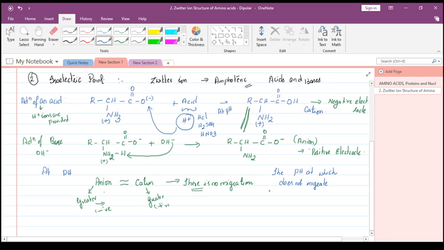At the isoelectric point, the concentration of the Zwitter ion will be maximum.